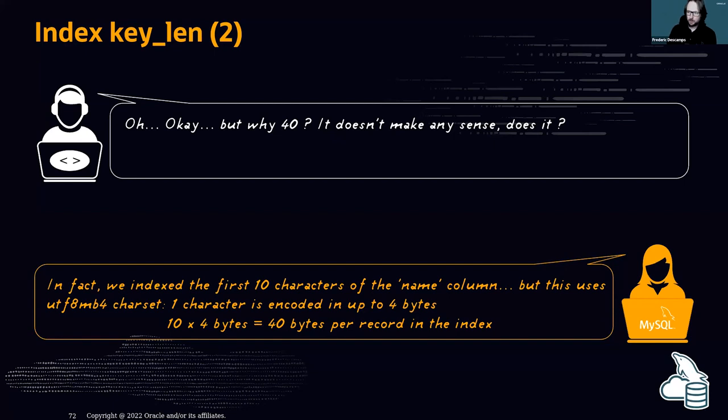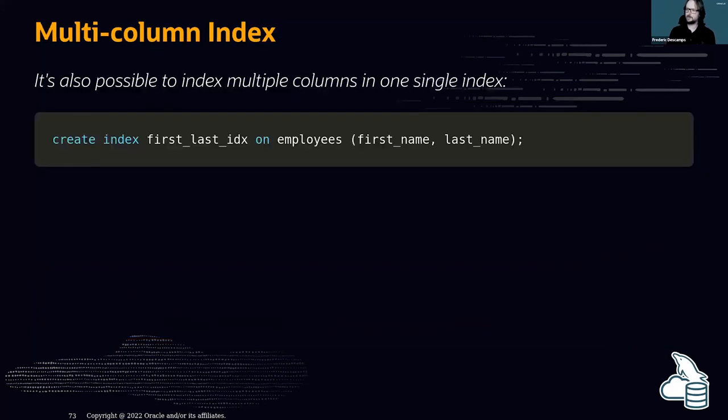In fact, we index the first 10 characters of the name column, but this uses the UTF-8 MB4 character set. This is the default in MySQL 8 for storing emojis, for example, and 1 character is encoded in up to 4 bytes. So 10 times 4 bytes equals 40 bytes per record in the index, right? So this is why you saw 40.